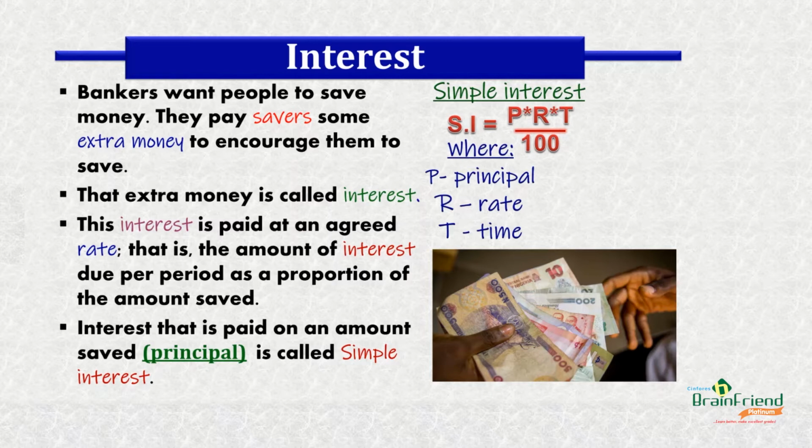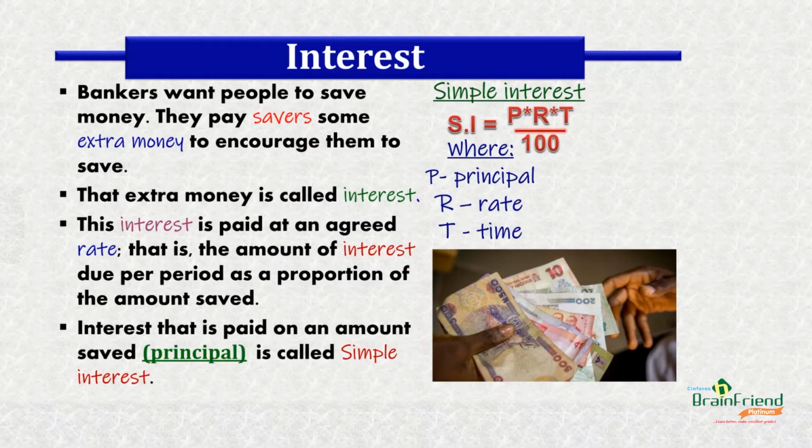Let us start with interest. When you save your money in the bank, after a long period of time, you realize that the bank would give you a certain amount in addition to the money you saved. This is what we refer to as interest. So, the extra money given by the bank is called interest.